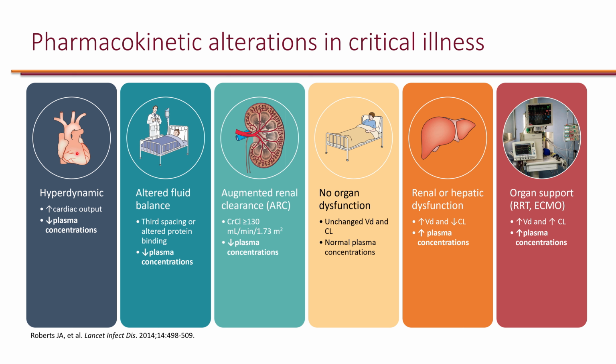Naturally, the body may be responding to, let's say, a drop in blood pressure due to the infection, or we may be causing this by giving pharmacologic agents such as vasopressors. The cardiac output is increased because we want to bring the blood pressure back to normal, so the patient doesn't go into shock, or the patient is already in shock and we're trying to bring them out of shock.